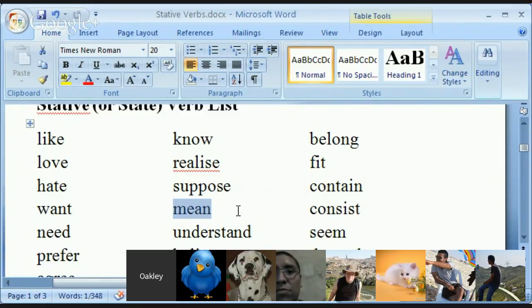Can you use meaning in a continuous form? Is it possible? What are you meaning by saying this? What are you meaning? Is that possible?